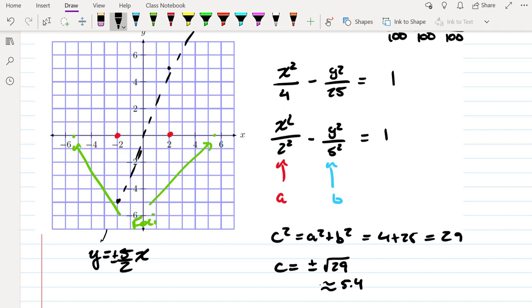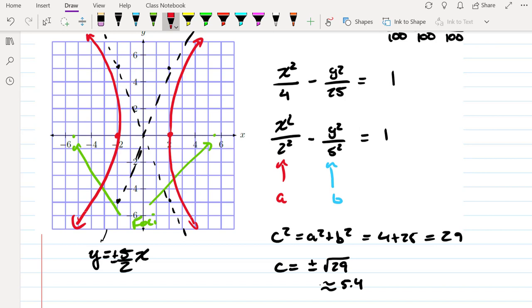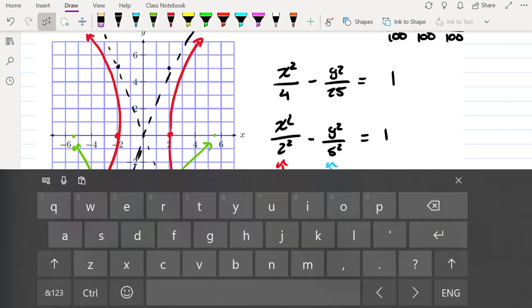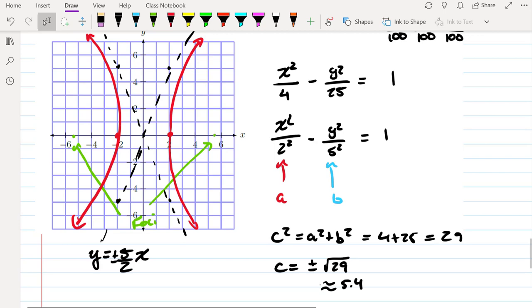Similarly on this side. And then when we play connect the dots, we get a very mellow looking hyperbola. Our hyperbola looks like this.